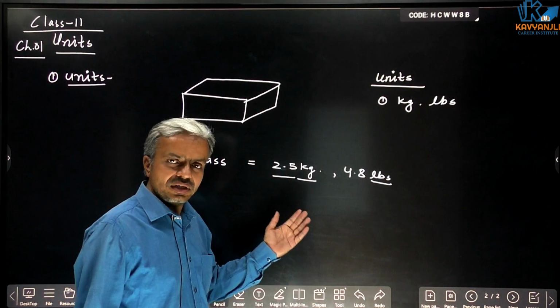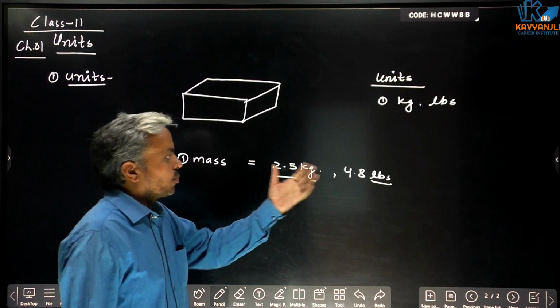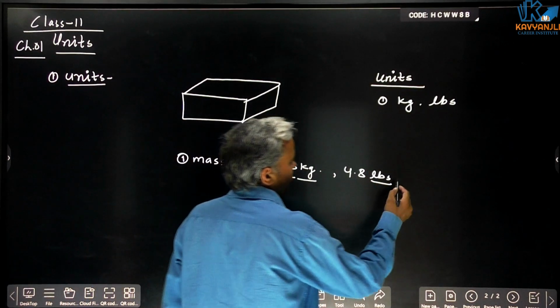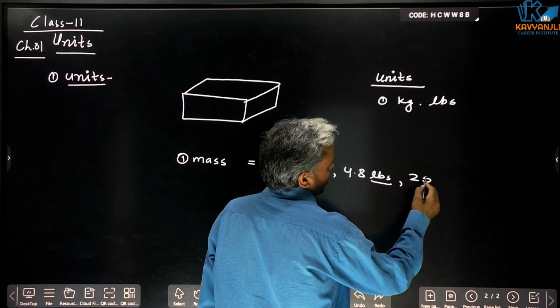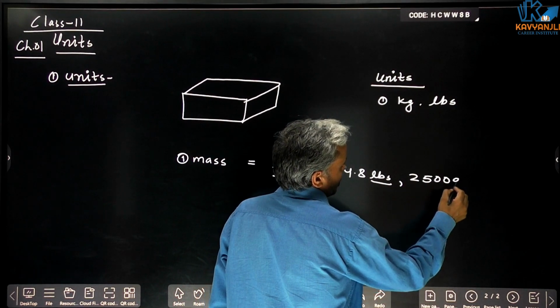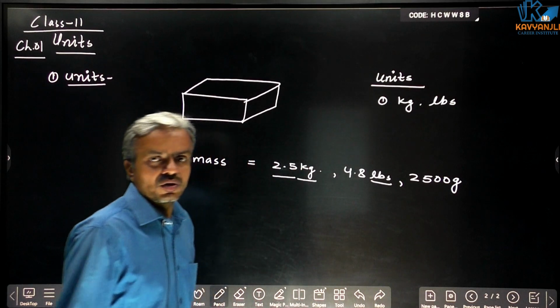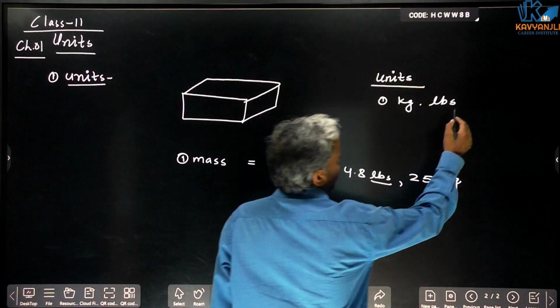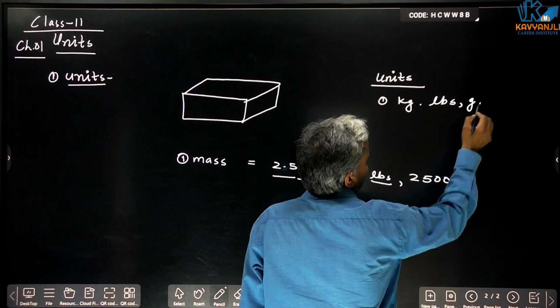So kg is a unit, lbs is a unit. Both are units of mass. We bring another person. It weighs 2500 gram. So what is gram? It's another unit.